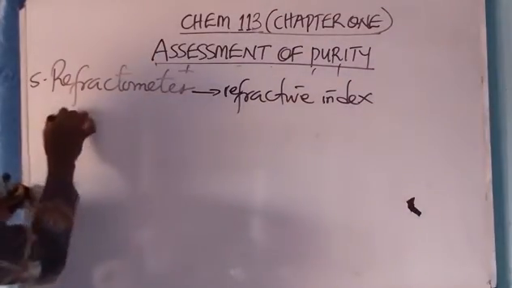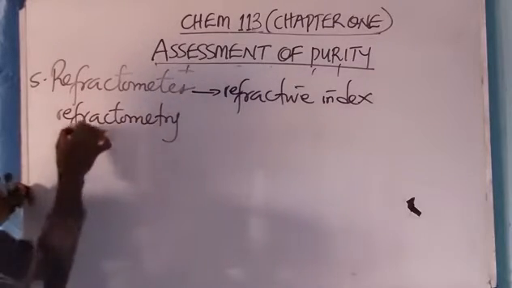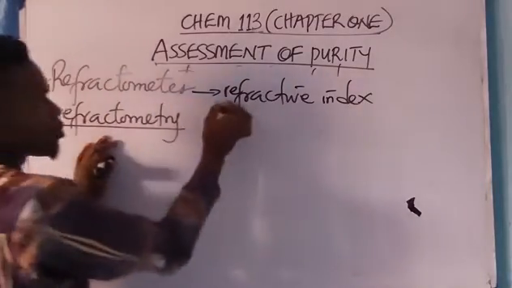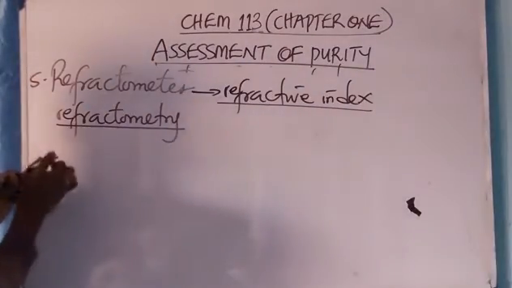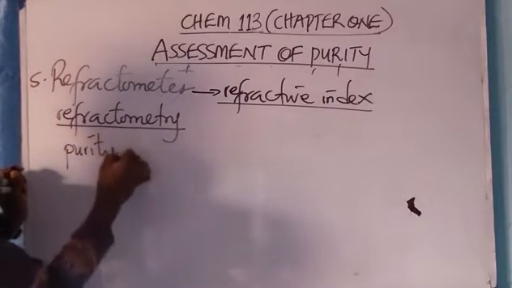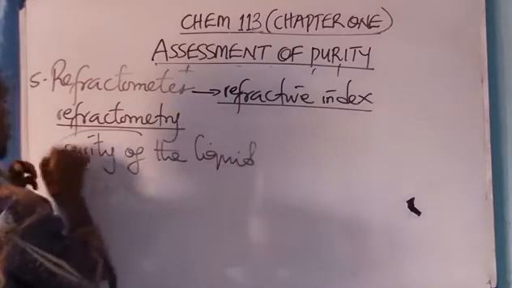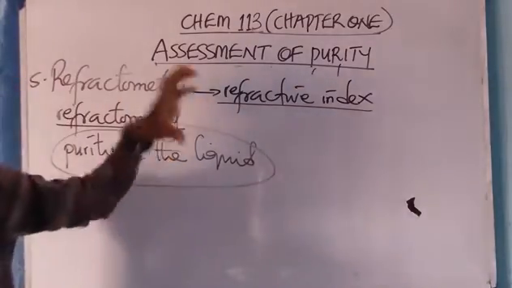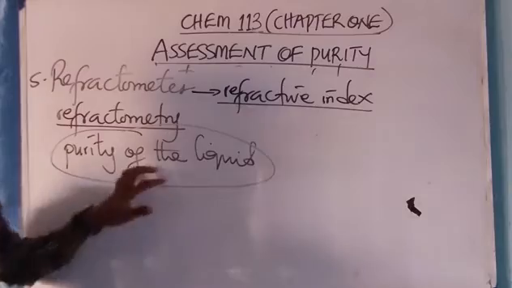It does this through refractometry. Refractometry is a process whereby the refractometer is used to test for the refractive index of a particular compound. Please, the refractive index depends on the purity of the liquid. Don't forget this. The refractive index of a liquid depends on how pure the liquid is.